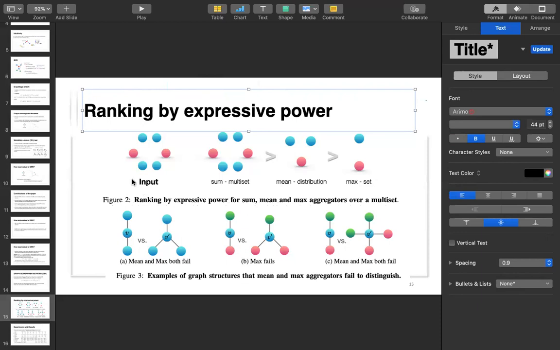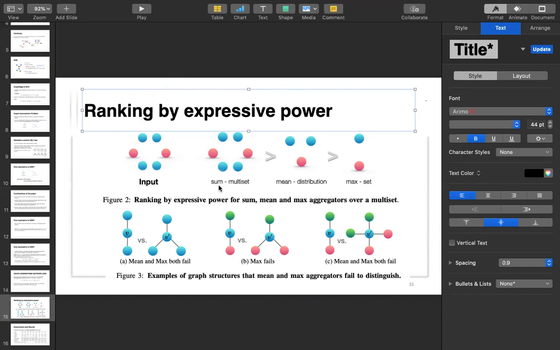So here you can see that suppose these six nodes are the neighboring nodes, and we want to aggregate information from these six neighboring nodes, and the red and blue colors represent different node features.